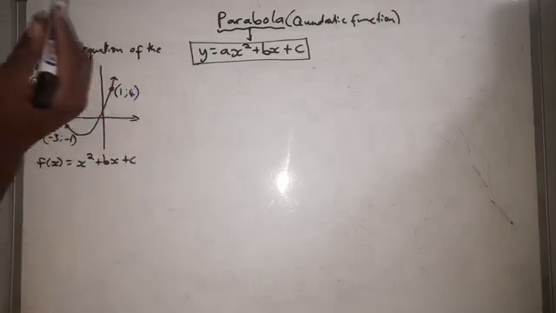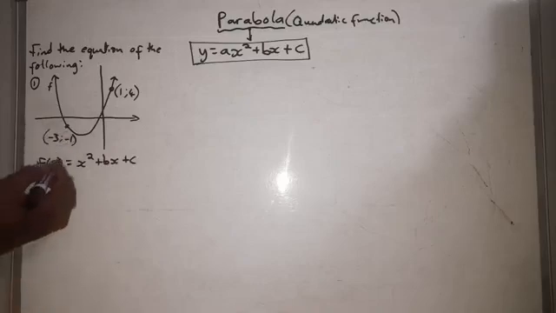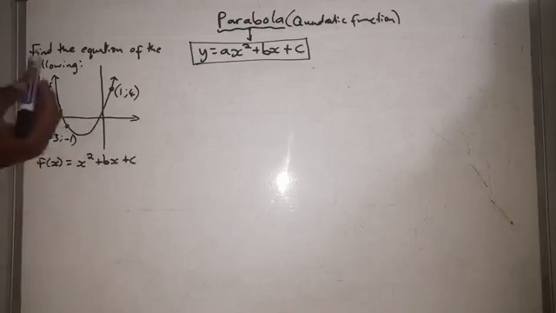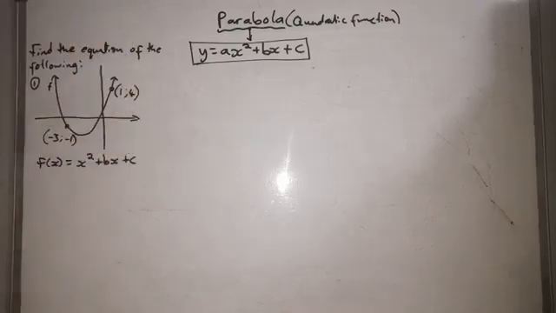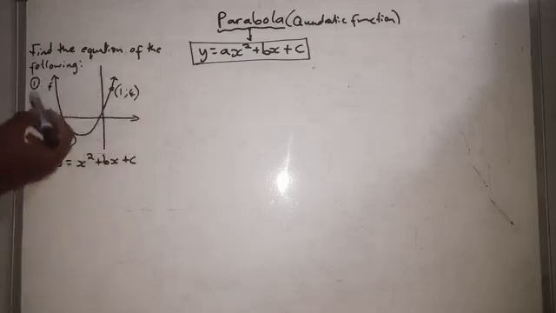So let's just continue because I talk a lot. In this question, you are required to find the equation. There are so many ways they can ask you to find the equation. Well, this was direct: find the equation of the following.